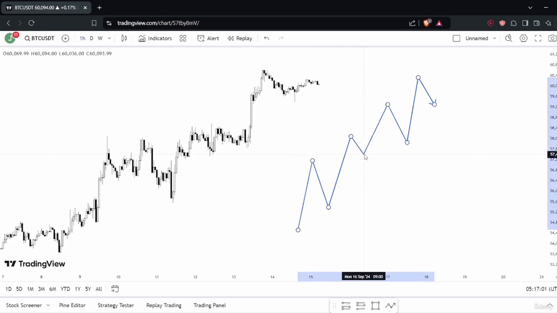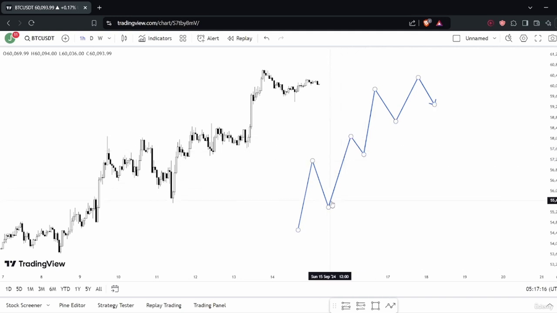Sometimes it might retrace like this, okay? But overall, the point is not how long the retracement is. The point is seeing the structure, that is the impulse, to the retracement, and from the retracement, the next impulse.